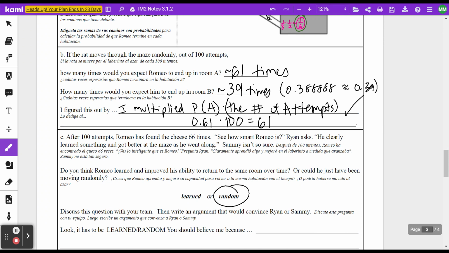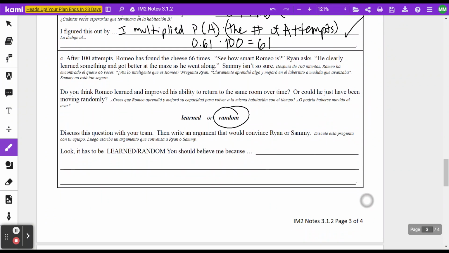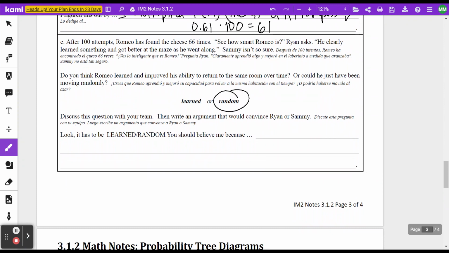Probability doesn't give you an ability to make a prediction with certainty. Randomness is still around. So, anyway, I think it has to be random. And you should believe me because probability doesn't give us perfect predictions.